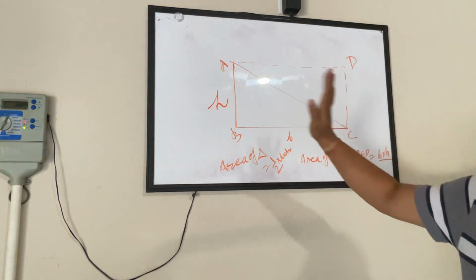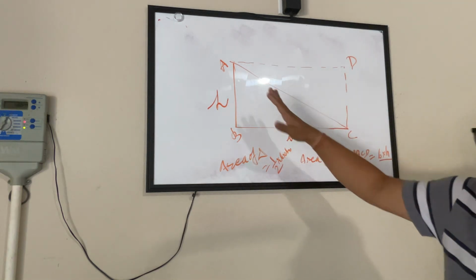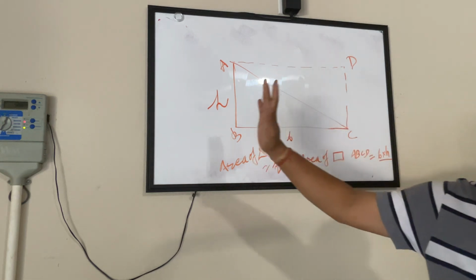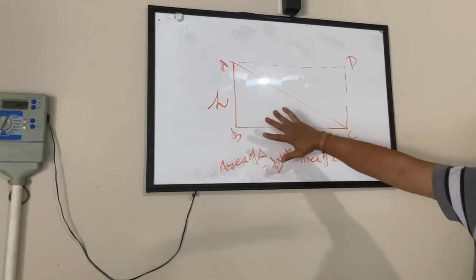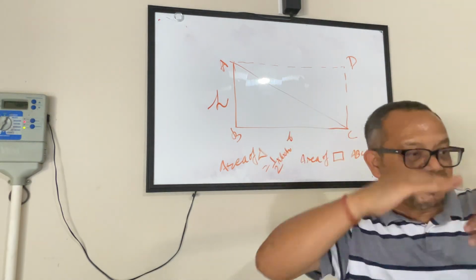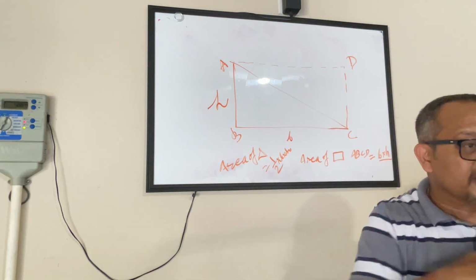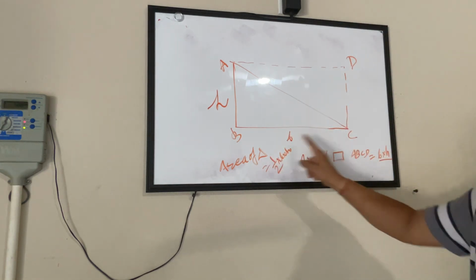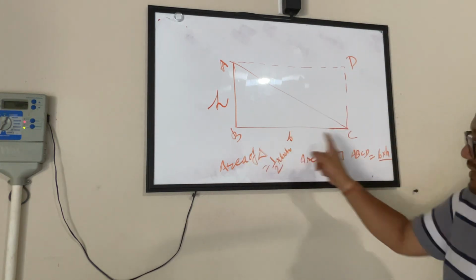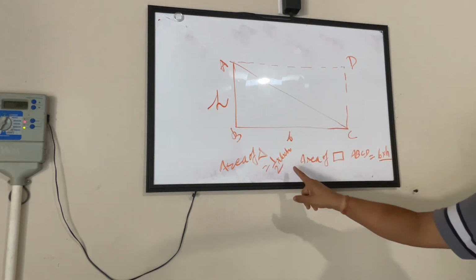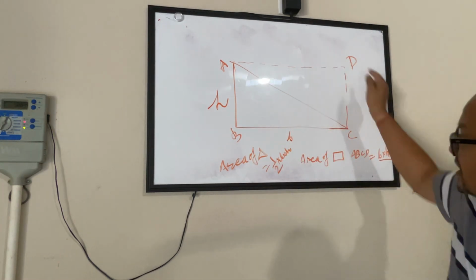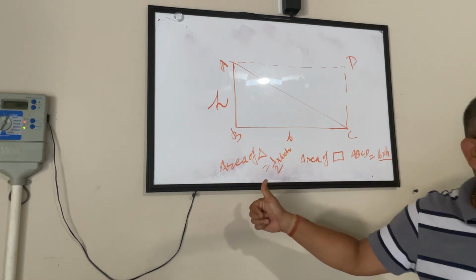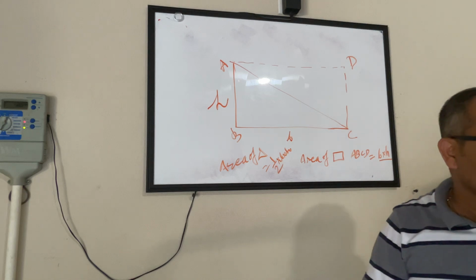Coming back to this one. So the area of a right angle triangle is half into base into height. And how is that possible? Because when we create a mirror image of this, it looks like a rectangle, and we all know that the area of a rectangle is length into width, or here we are calling it base into height. So the area of a triangle will be half of the area of the rectangle, which is half into base into height. That formula is fine? Are you guys agreeing with me?